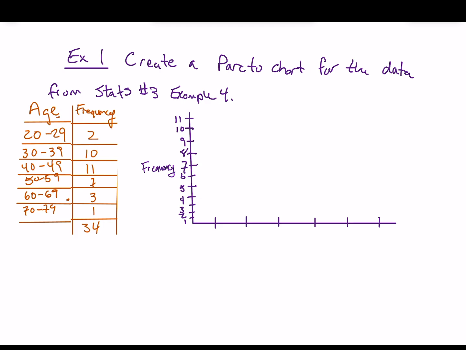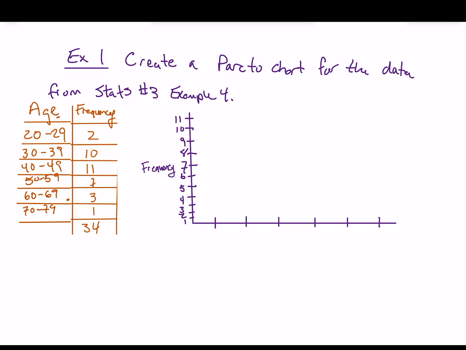Example 1, we want to create a Pareto chart for the data from stats number 3, example 4. So I've brought in the table from stats number 3, example 4, where we have ages in categories of 10 years and then their frequencies.